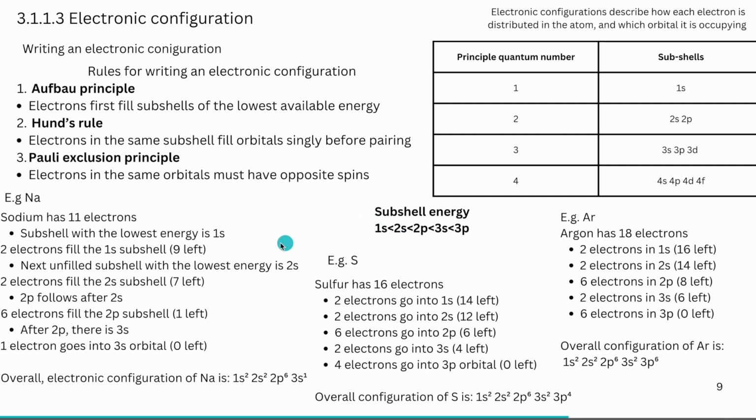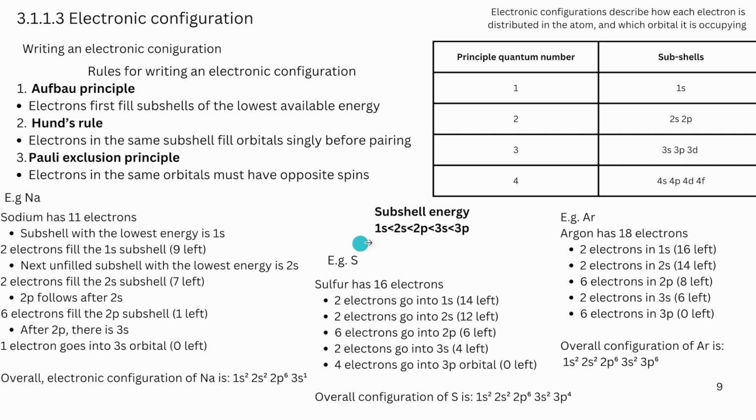Let's have a look at an example. Neutral sodium atom has 11 electrons, and so according to the Aufbau principle, electrons first fill subshells of the lowest available energy. And so the subshell with the lowest associated energy is 1s. It can accommodate up to 2 electrons, so 2 electrons fill the 1s subshell with 9 electrons left.